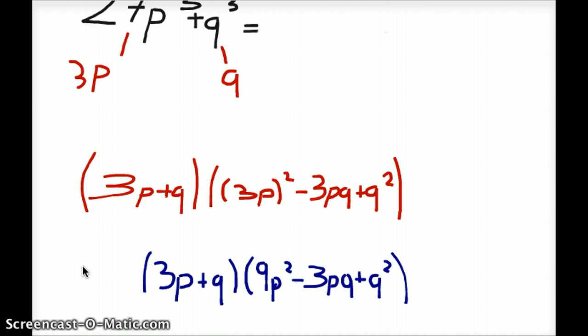Once you plug in a and b into the equation, you should get (3p plus q)((3p) squared minus 3pq plus q squared). And then, once you square everything, it will be (3p plus q)(9p squared minus 3pq plus q squared).